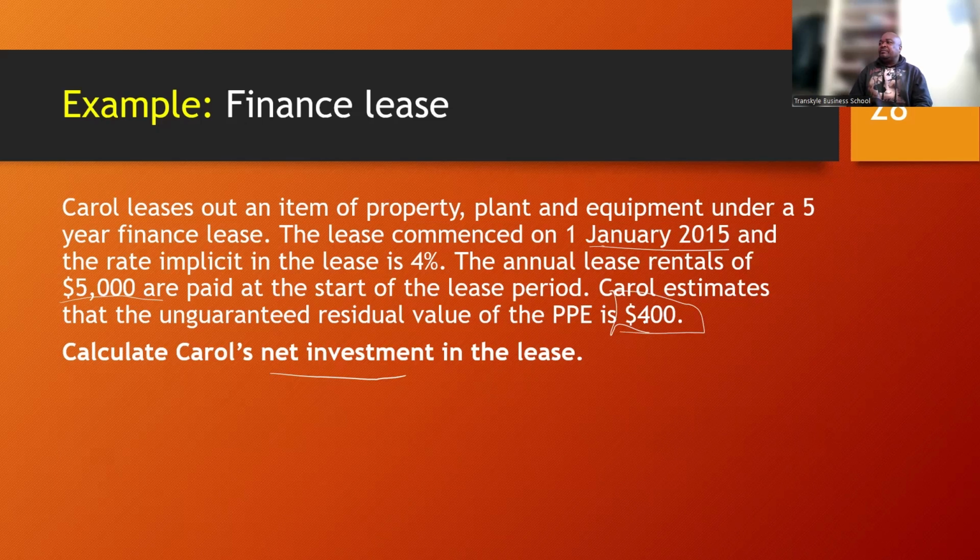Unguaranteed simply means that a rough estimate of what we can get at the end of the lease period is $400. So we account for that as income. So how many years are we talking about here? We are talking of 5 good years. So we're going to receive 5,000, 5,000, 5,000, 5,000, 5,000, and then $400.